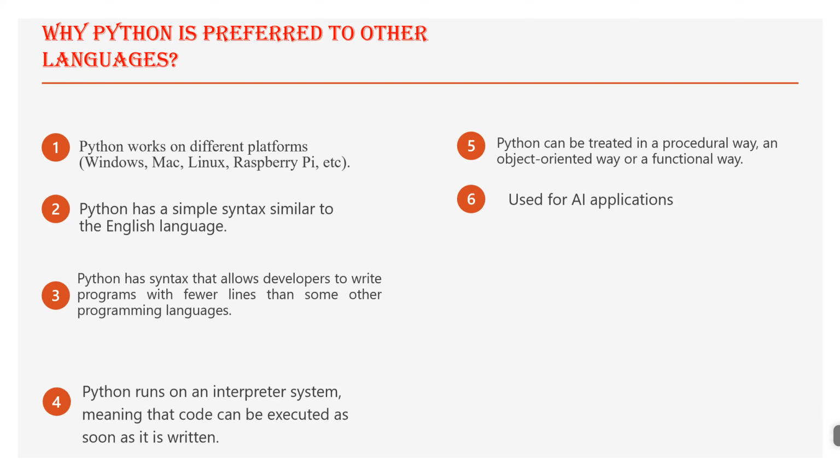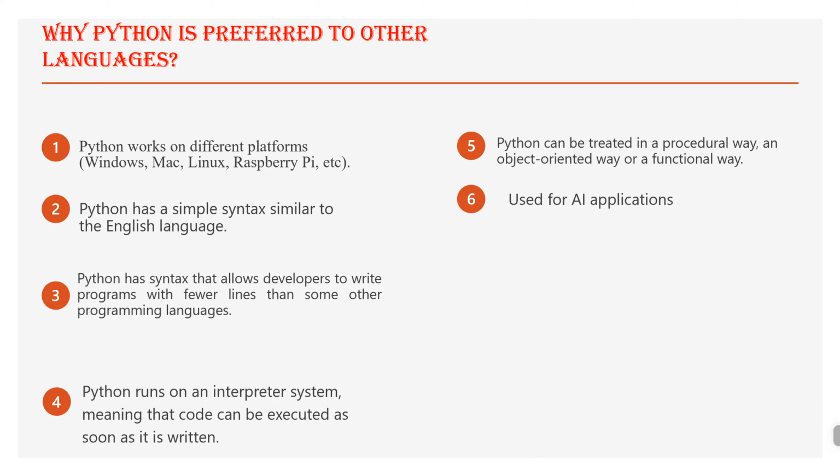Python can be treated as a procedural way, as an object oriented programming way, and as a functional way. That means procedural way means anything wherein you use C, you can use Python.